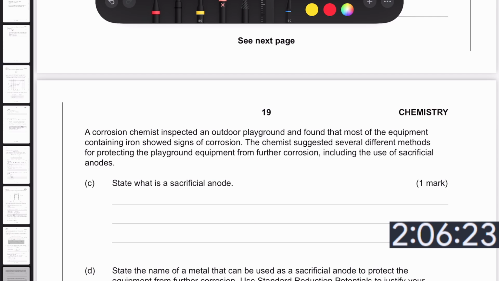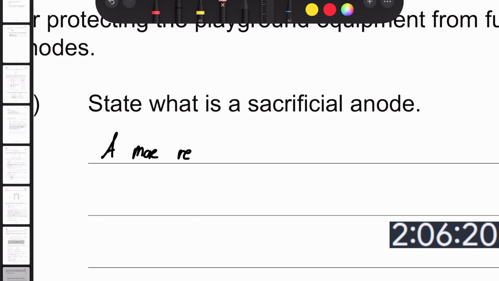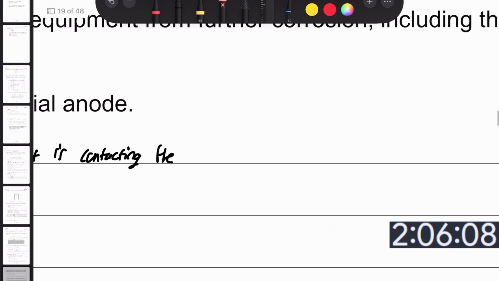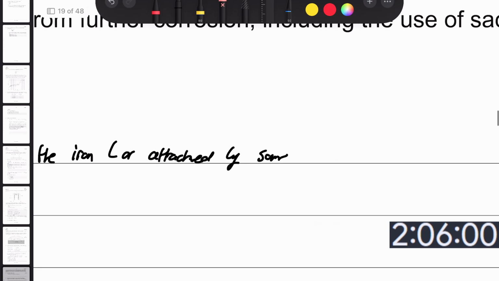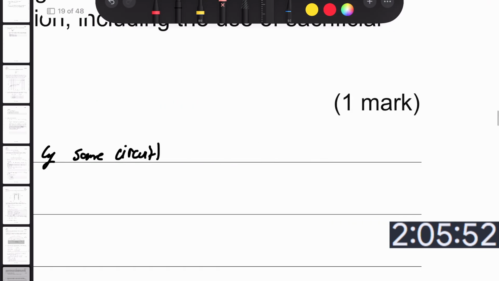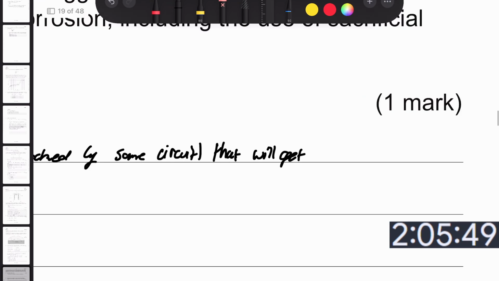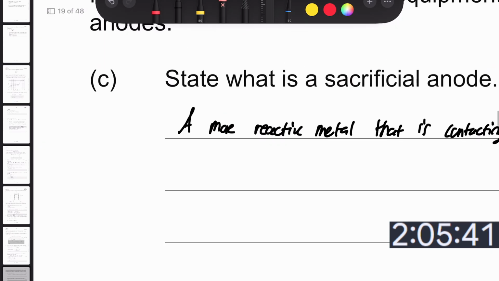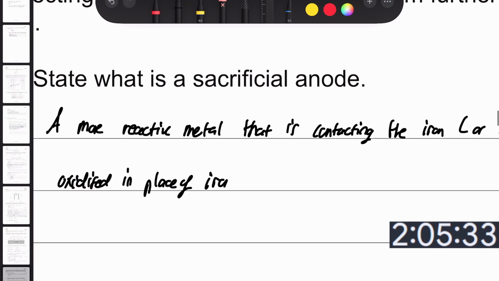So a sacrificial anode is a more reactive metal that is contacting the iron, or attached by wires, or attached by some circuit, that will get preferentially oxidized in place of the iron, preventing corrosion, or rusting.